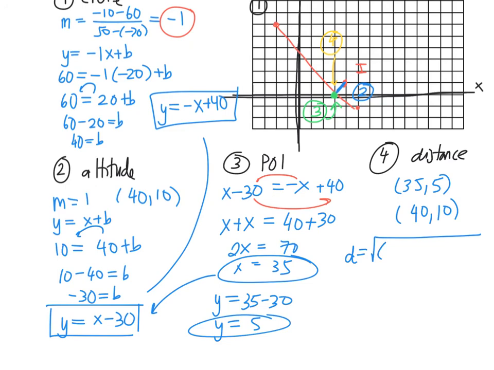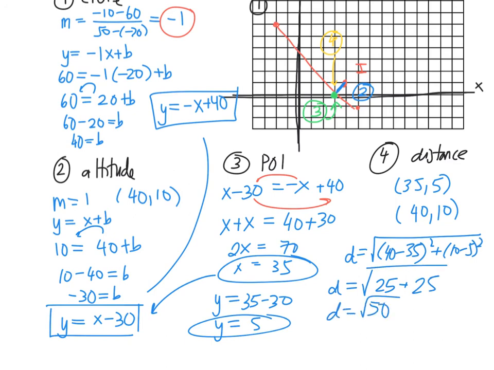So x2 minus x1 squared plus y2 minus y1 squared. 40 minus 35 is 5, and 5 squared is 25. 10 minus 5 is 5, and 5 squared again is 25. So the exact distance is the square root of 50, and the round distance is going to be approximately 7.1.